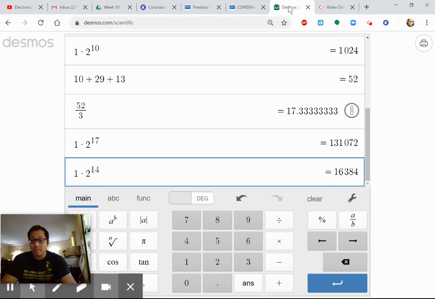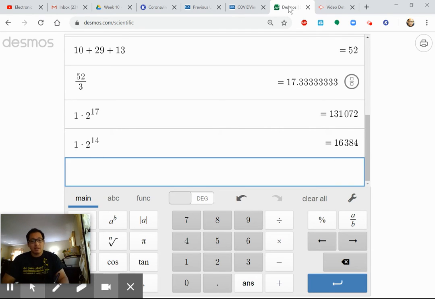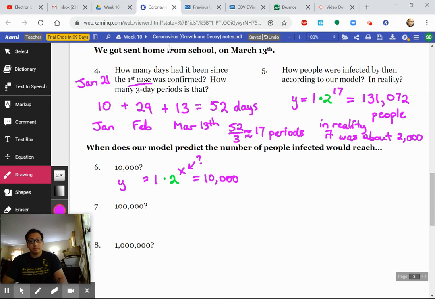So one more time should double that to 16,000. So 14 times we have to double to get to 16,000. So let me say x would have to be 14. It would have to double 14 times to get past 10,000.